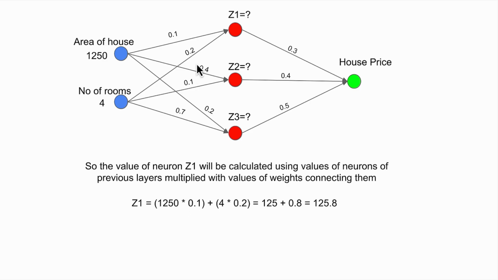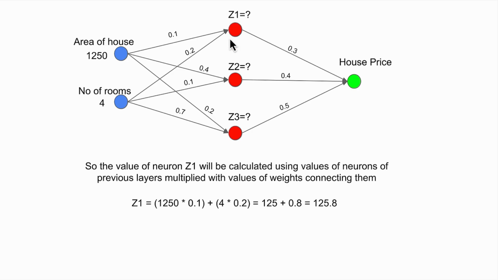After that we check if any other neuron is connected with this Z1. We can see that rooms is also connected, so we take the value of rooms and multiply it with this weight 0.2. We do the calculations and find the value 125.8. That will be the value for this Z1.